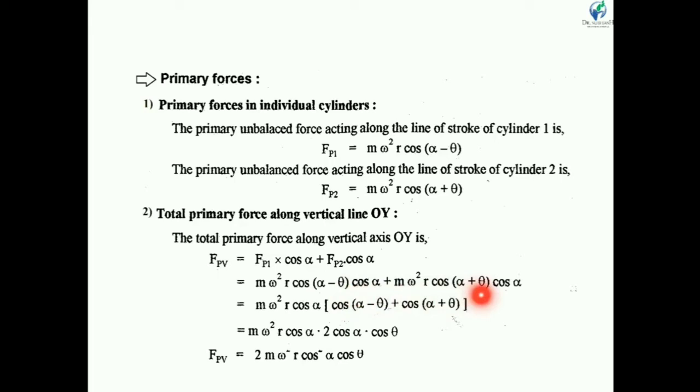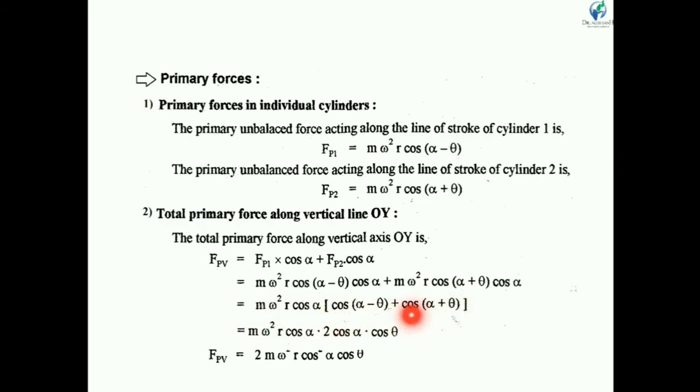Taking cos alpha as common, we have m omega square r into cos alpha, and in bracket cos of alpha minus theta plus cos of alpha plus theta.